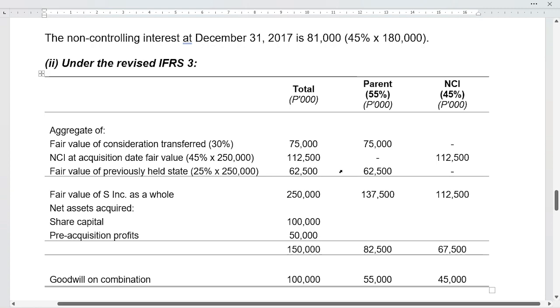Fair value of previously held stake: 62,500 from parent company, kasi previously held stake na ni Tito. 250,000 times 25%.